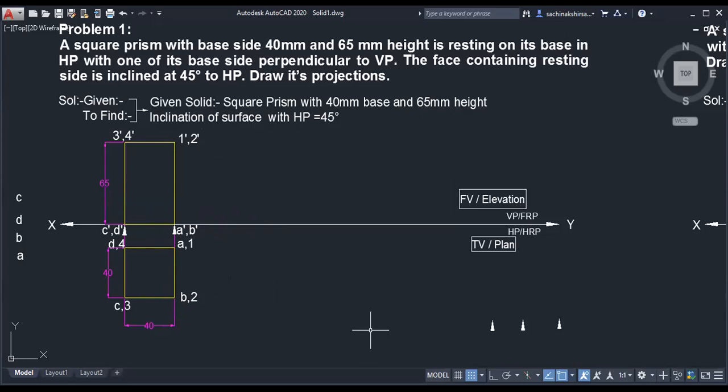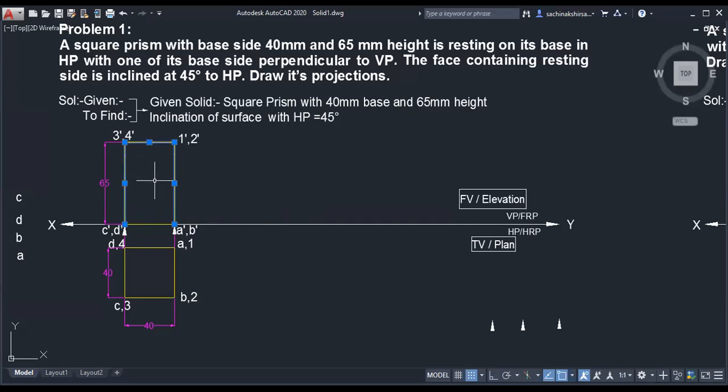Can anybody tell which are those peripheral surfaces? 1 dash, 2 dash. Nice, correct. Next, A dash, B dash. This vertical line is one surface, no? Yes, sir. Very good, and this will be another surface.